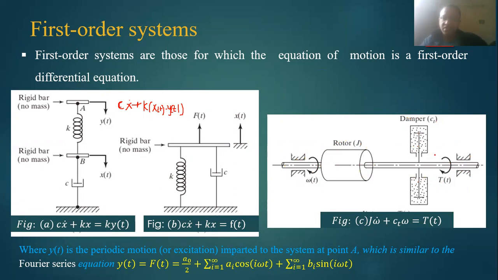This is a mechanical system. So we can represent it as J omega dot plus Ct omega, where Ct is the torsional damping, equal to T of t, the torque applied at time t. This is the governing equation for the torsional system.